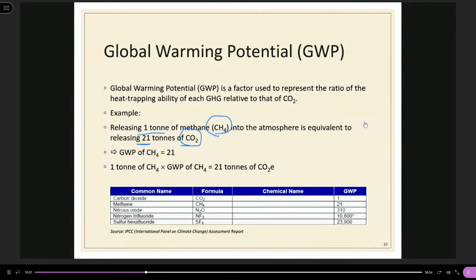Let me do a poll. Which gas has higher heat trapping ability, CH4, methane, or CO₂?